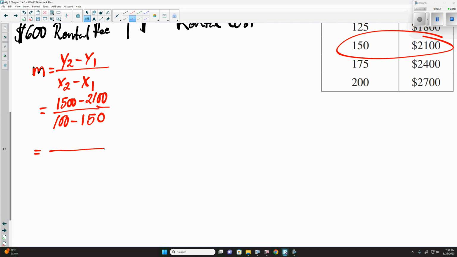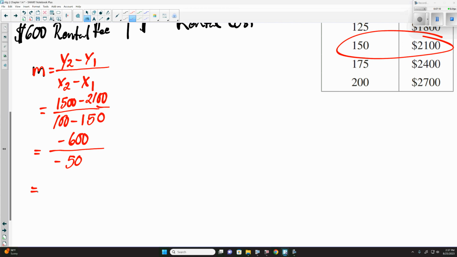We could plug this entire thing into the calculator and let the calculator do it for us. If we did this by hand, we would have negative 600 on top and negative 50 on bottom.